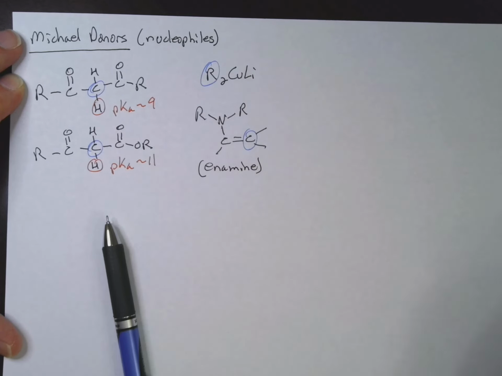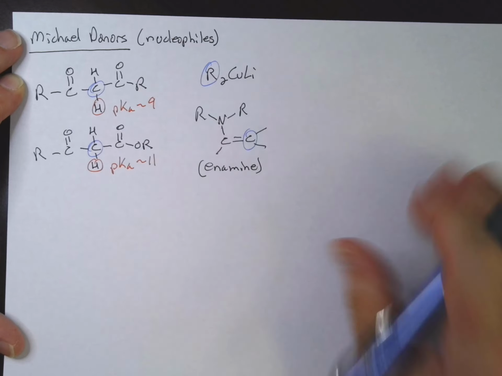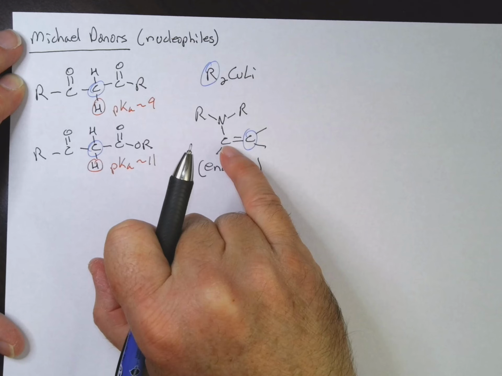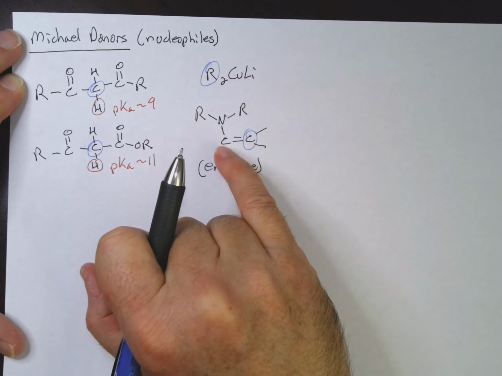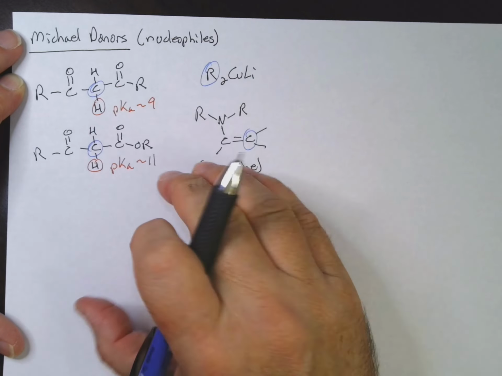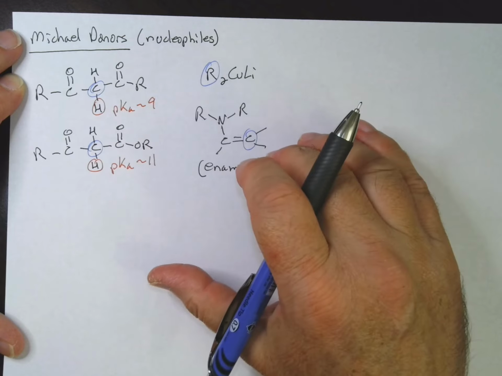I can't remember. Anyway, I'll get that to you in a future lecture. The thing is that this is the alpha carbon, because this carbon came from the ketone that generated the enamine. So you have to think back to chapter 19. We can take a look at that in class if you'd like.